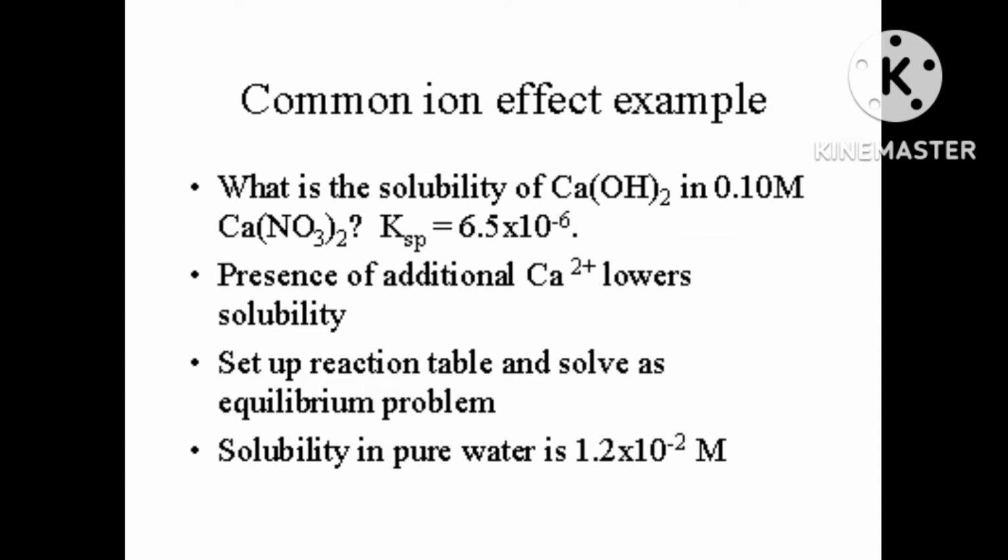Then S square will be Ksp divided by Ka divided by Ka plus H, meaning Ka plus H will go upside and Ka will be down.